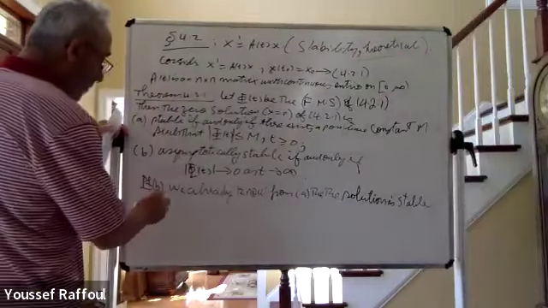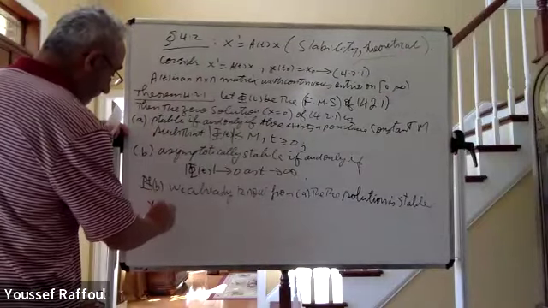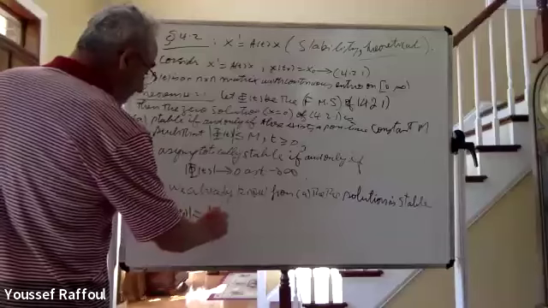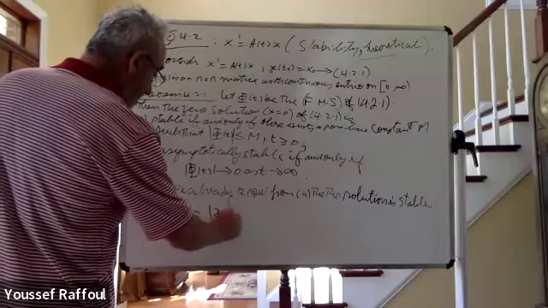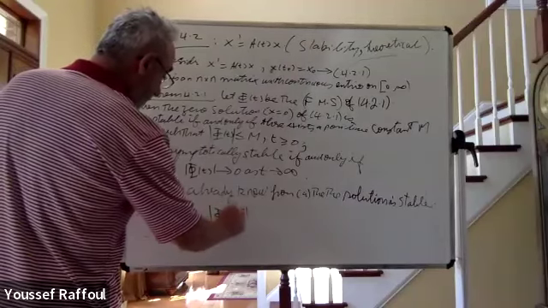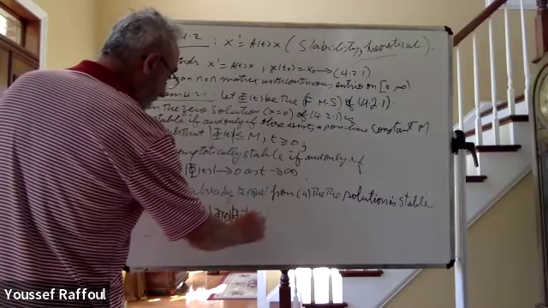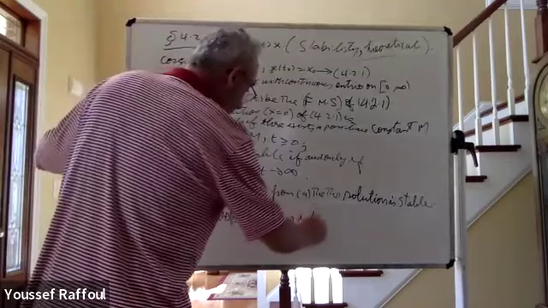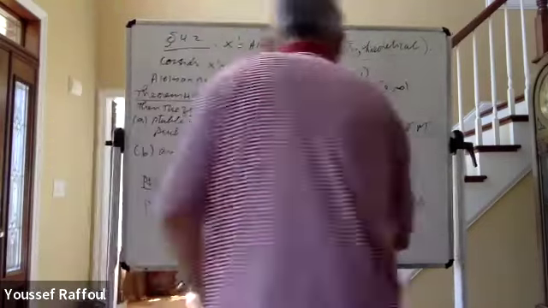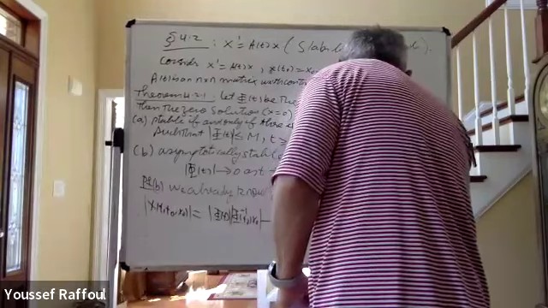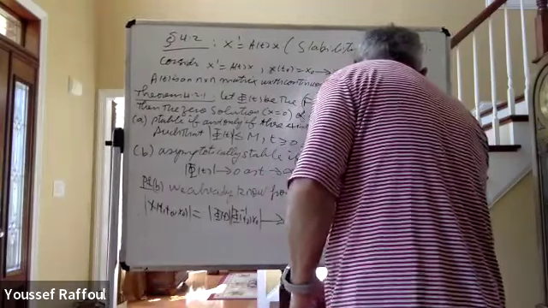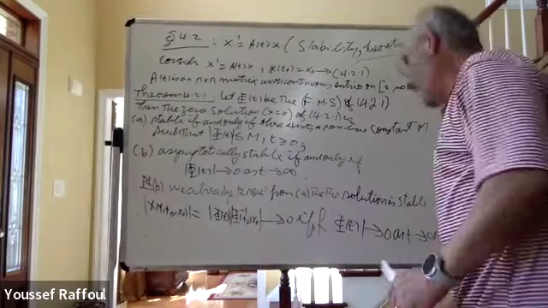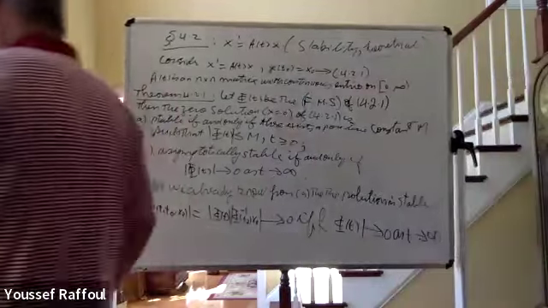So now, if I look at x(t, t naught, x naught), that is equal to phi(t) phi inverse(t naught) x naught, and that goes to 0 if and only if phi(t) goes to 0 as t goes to infinity. That's it.